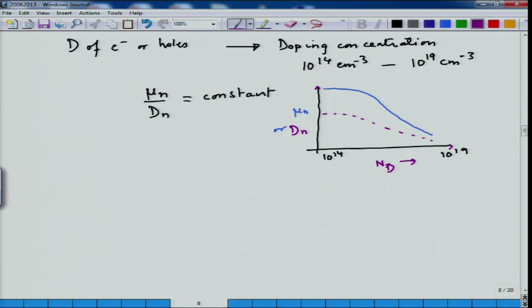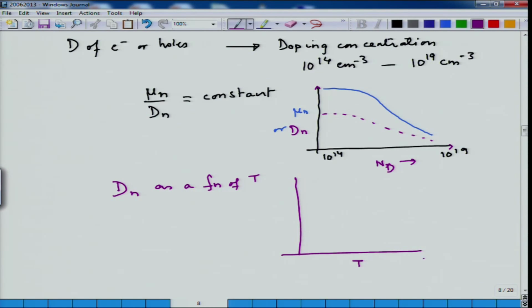If we try to see the same behavior for different concentrations, what will happen to the diffusion constant of n as a function of temperature? Schematically, what we expect is a similar behavior.